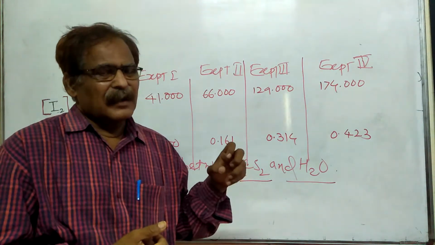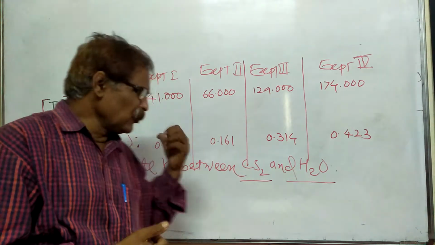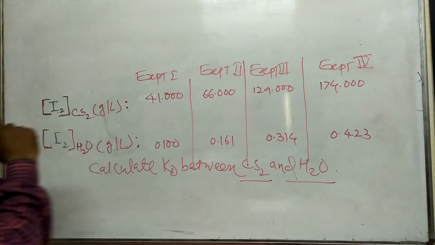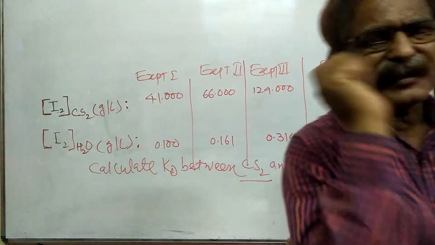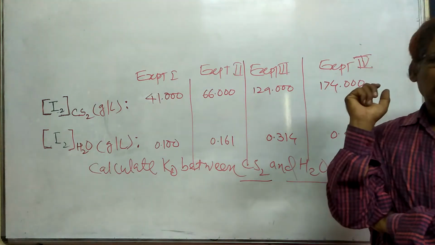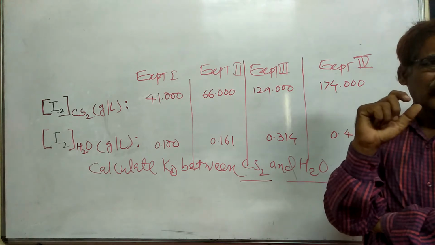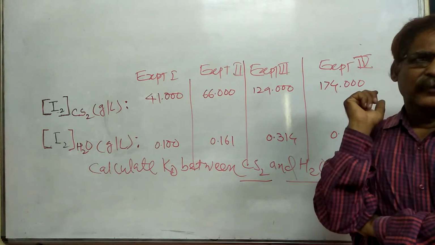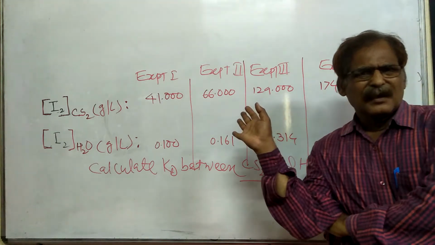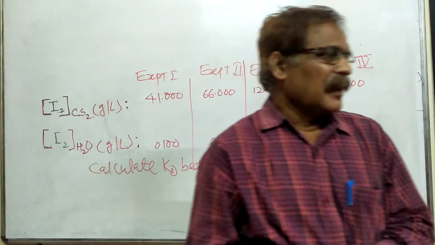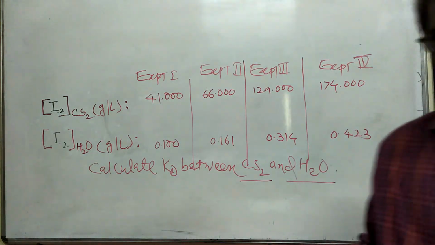Here we have to calculate partition coefficient Kd between CS2 and H2O. Nothing is said about the dissociation of solute in either of the solvent. Therefore, let us suppose the dissociation of solute is neglected.